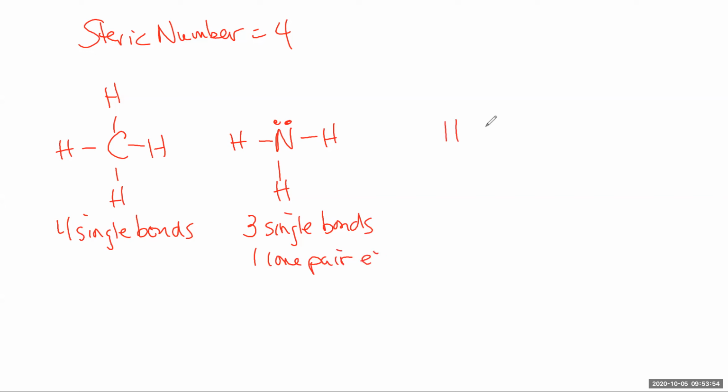Or, like we had water before, we could have 2 single bonds and 2 lone pairs. Now, what will all of these have in common?